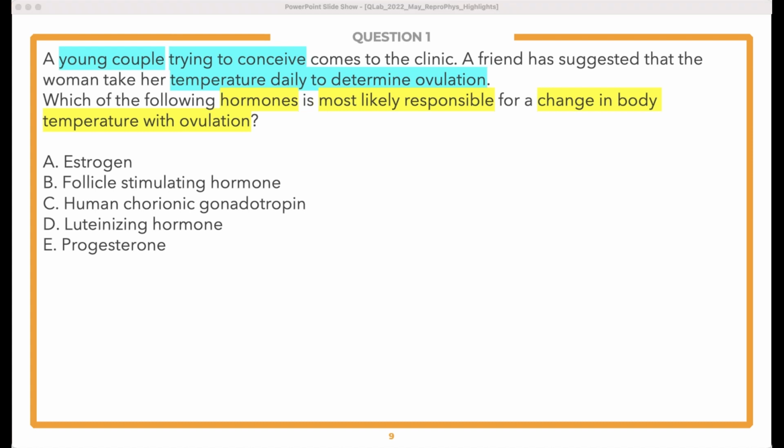Okay, so we're gonna open up the poll. Okay, so it appears that the polls were not loaded up.